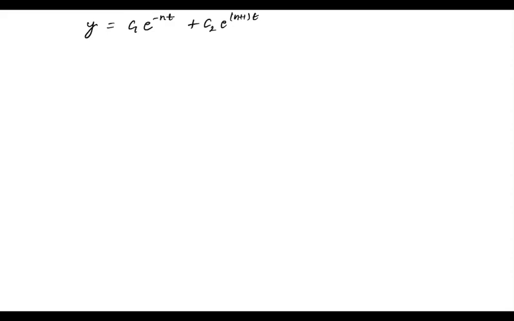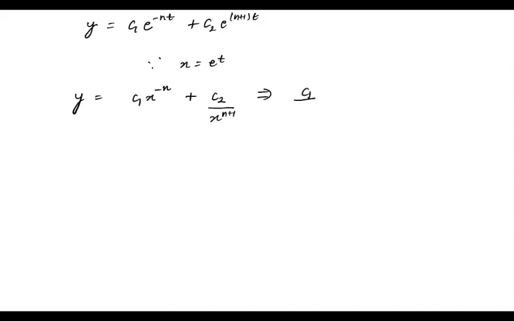Now we know that x is equal to exponential t, therefore y will become c1 times exponential, because e to the power t is x, so e to the power minus nt will become x to the power minus n, and this will become c2 x to the power n plus 1.